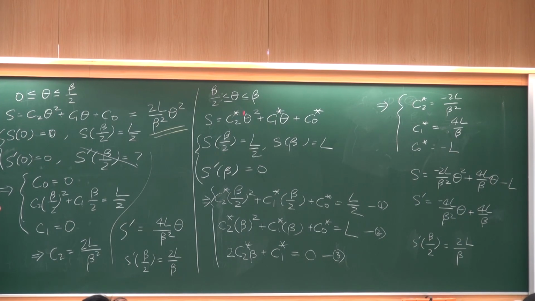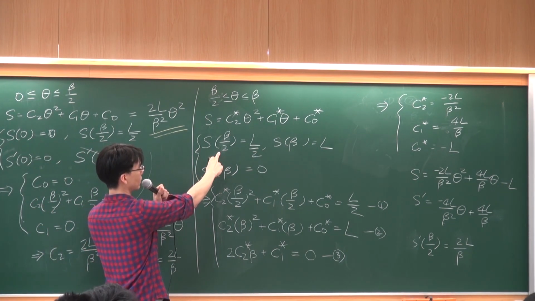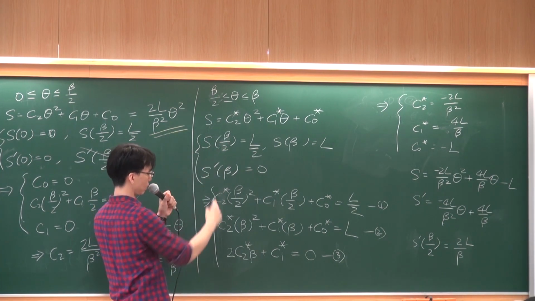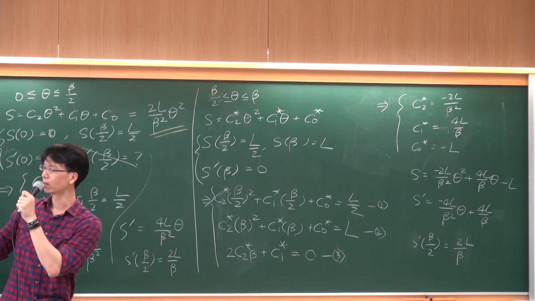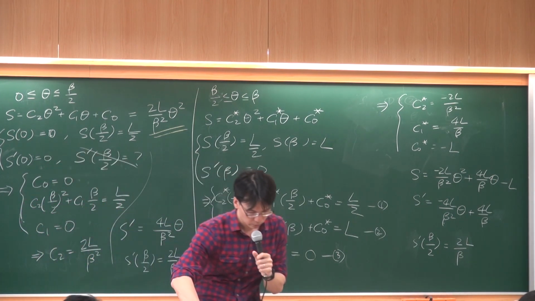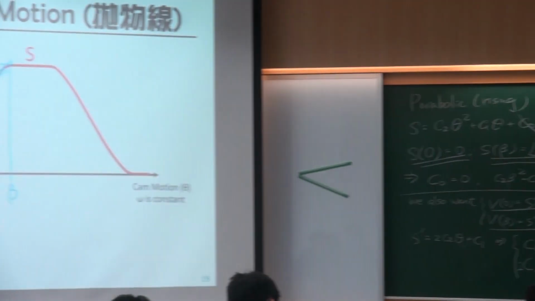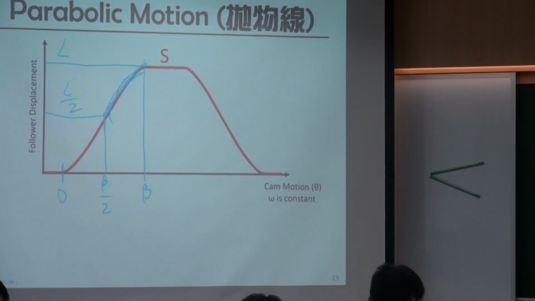This segment also needs to satisfy 3 conditions. The first one is you need to start from the initial point for the second segment. You start at beta over 2, and the current height is L over 2. So we start from L over 2, and at the endpoint you need to reach L.